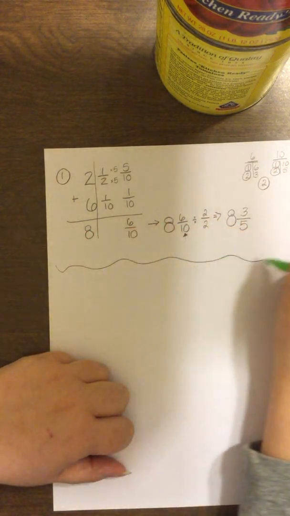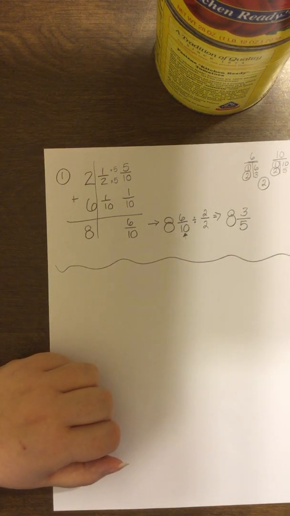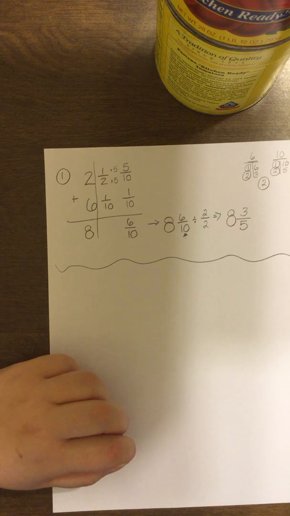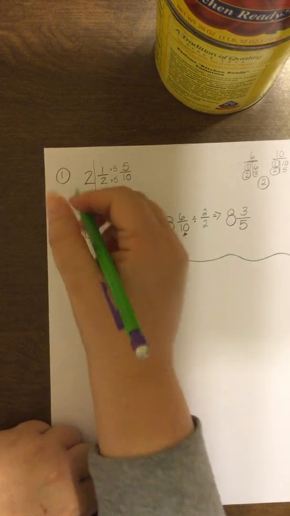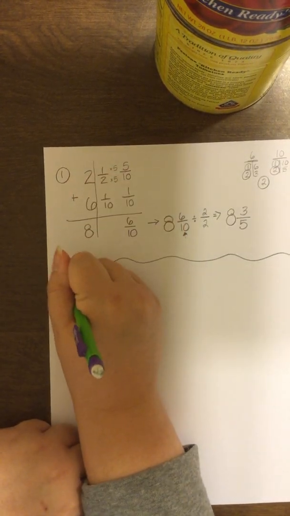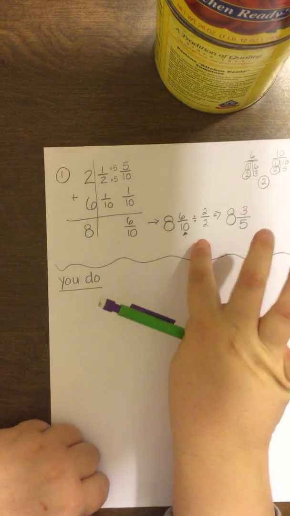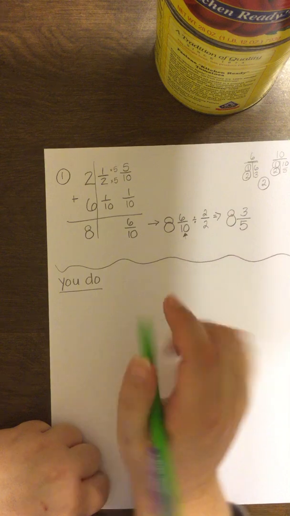So now I'm going to give you a problem, and then I'm going to have you pause the video and solve it. So this was me, now this is you do. Same idea where you're going to have to simplify your answer.